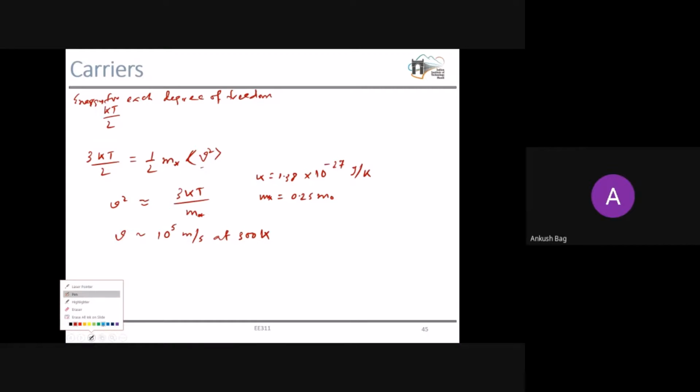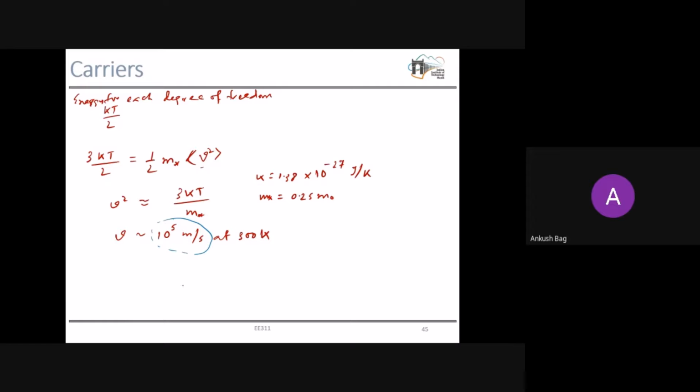Now see this figure. This is important, and that is why these values are very important. This is very fast, 10 to the power 5 meter per second. All the electrons will have this velocity without any electric field. This is purely the velocity these carriers are getting due to thermal energy.